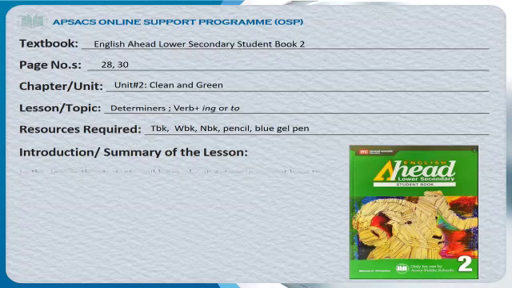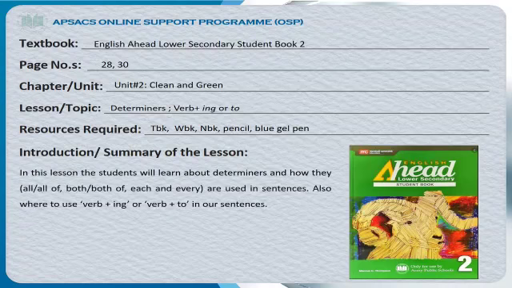Today our topics under discussion are determiners and verb plus ing or to from Unit 2 Clean and Green. The resources required are textbook, workbook, notebook, pencil and a blue gel pen. Introduction.